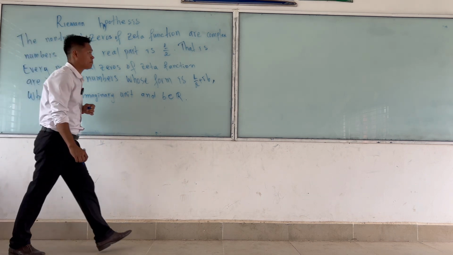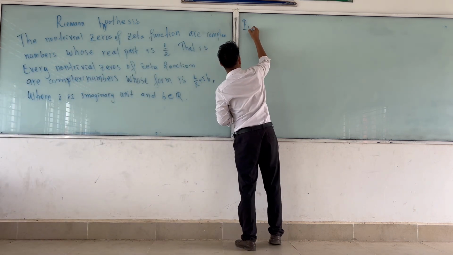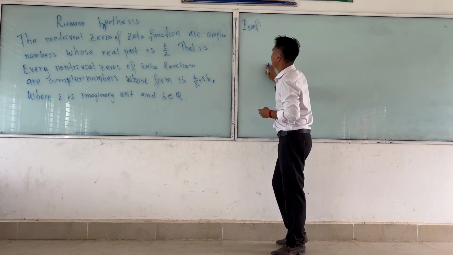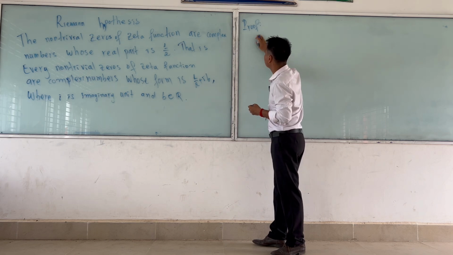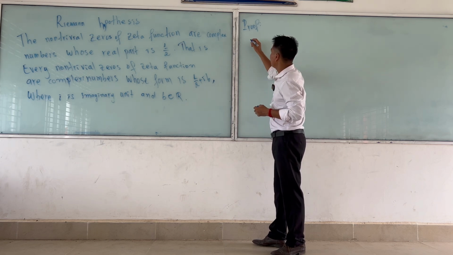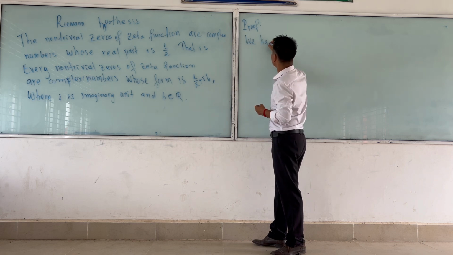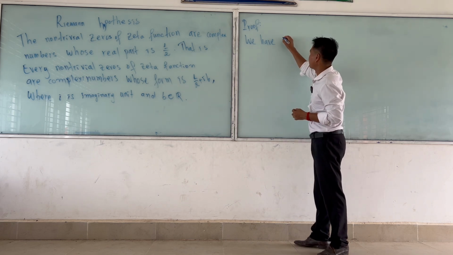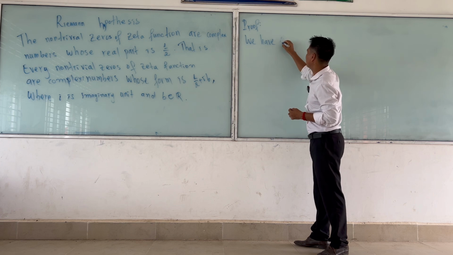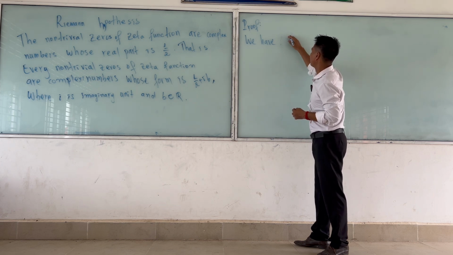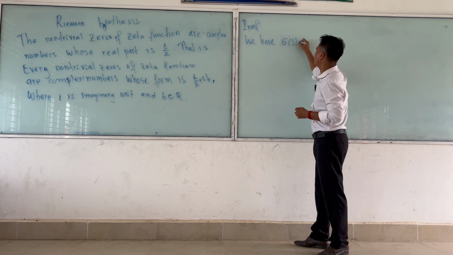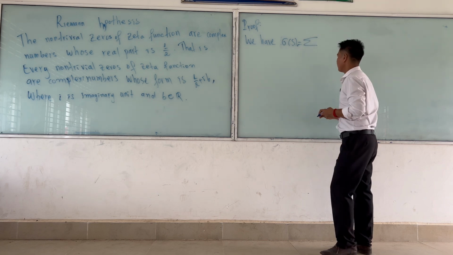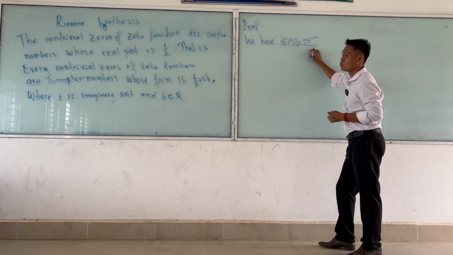Okay, proof. Let me show you here proof. We have zeta function or Riemann zeta function, zeta s. Yeah, zeta s. Zeta s equal to what? Equal to the sum. Yeah, as I told you, I will call it in short like sigma.